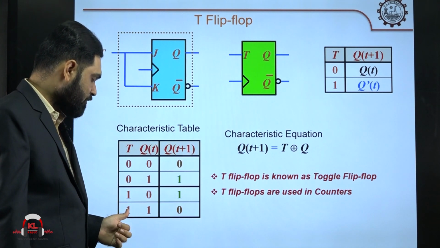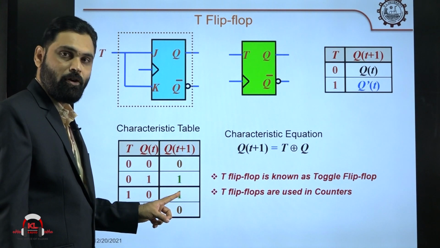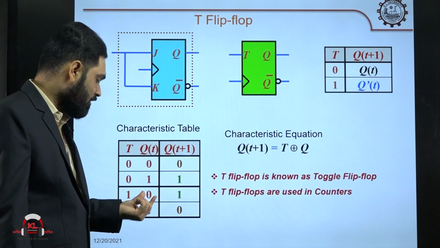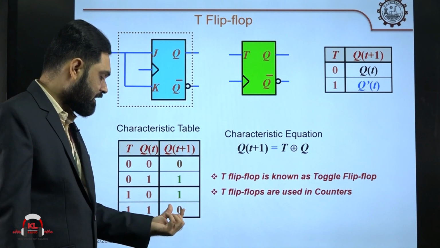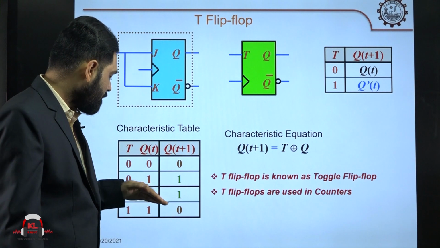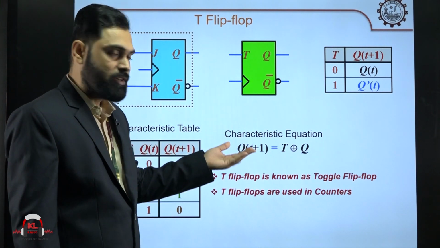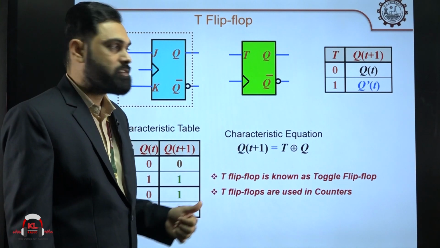When T value becomes 1, depending on the present output, next output will be toggled. That means when T is equal to 1, if present output is 0, next output will become 1. If present output is 1, next output will become 0. So, when T value is 1, it will take the operation of toggling. When T value is 0, it will take the no change case.